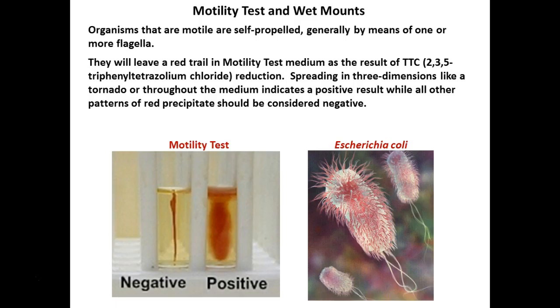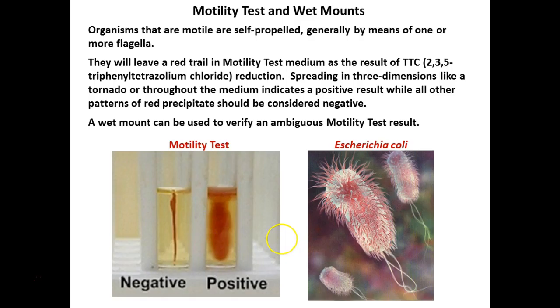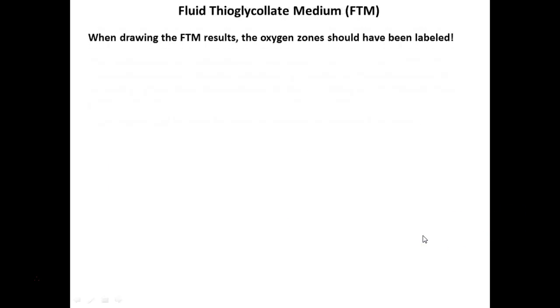So we actually did a wet mount to confirm for hers. And I think we may have done that for one other person. Maybe Caitlin, who's not here, I think. I don't remember. Maybe I'm thinking of my other class. There's one of them that sometimes in the motility test doesn't look very motile, and so we usually look at it swimming under the microscope.